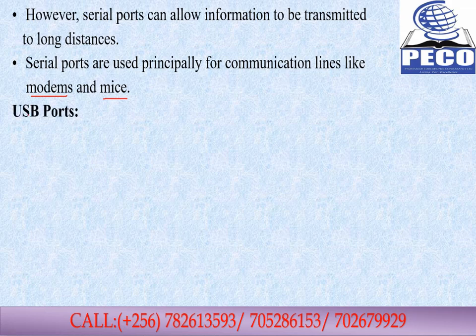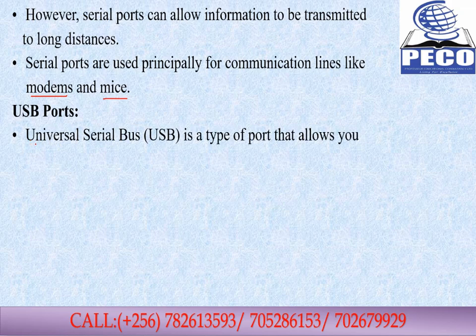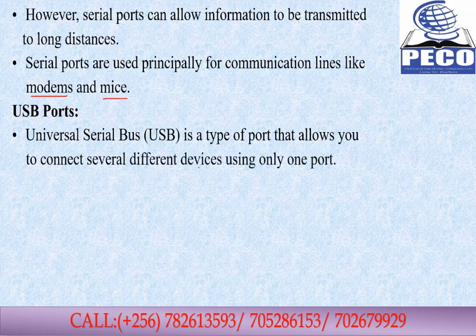We also have what we call the USB port. USB stands for Universal Serial Bus. Universal Serial Bus is a type of port that allows you to connect several different devices using only one port.